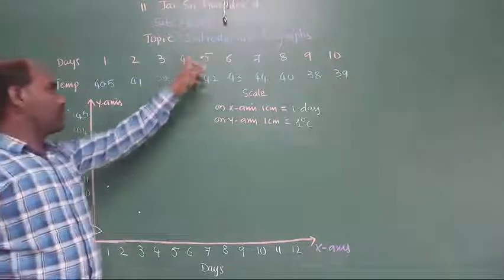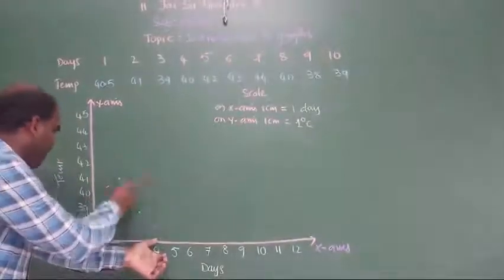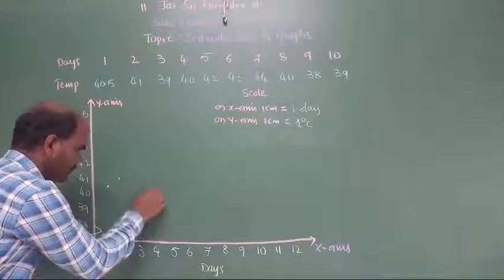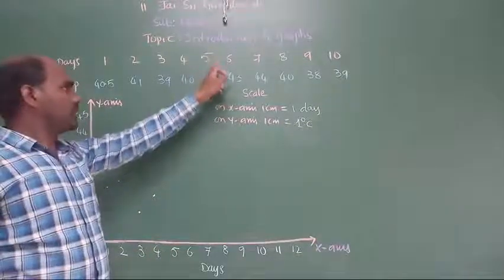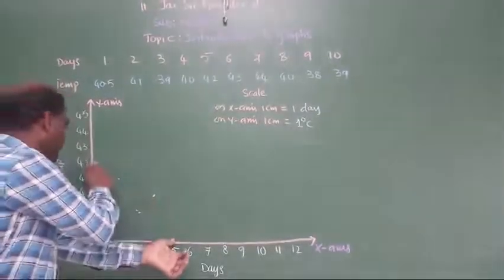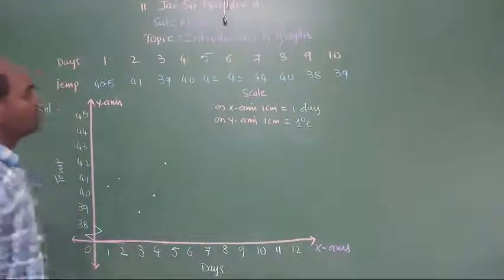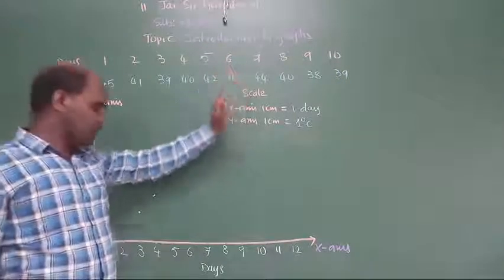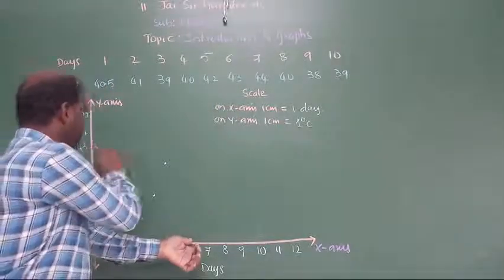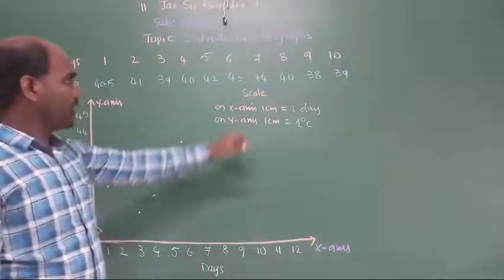Next, the fourth day is 40, exactly here. Fifth day is 42, so here we should get 42. Sixth day is 43, so 43 will be here.